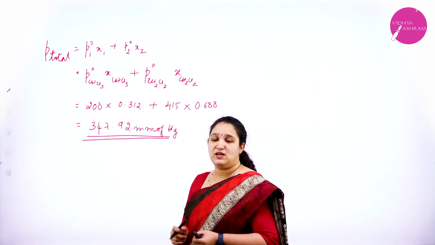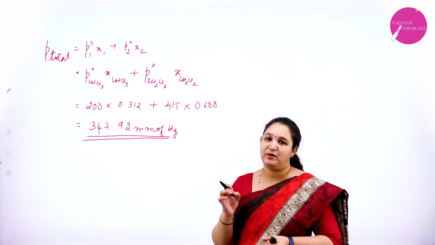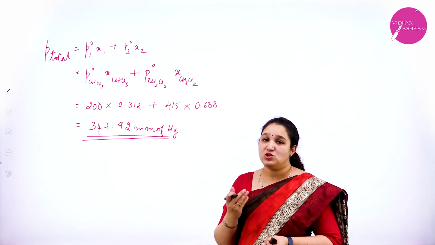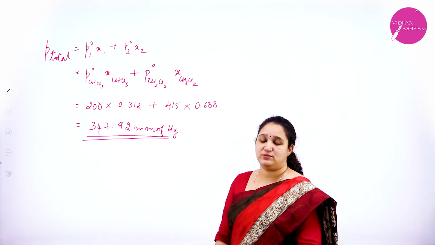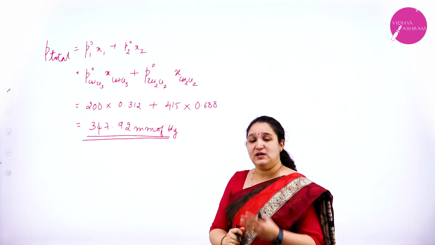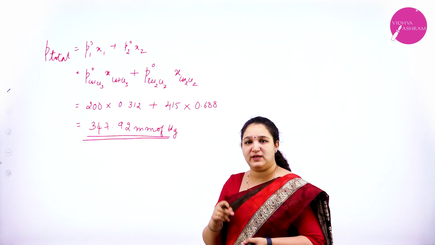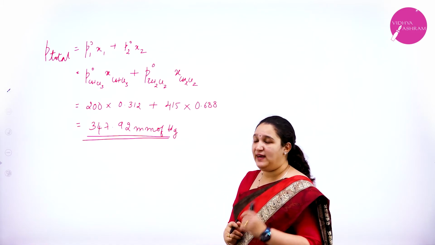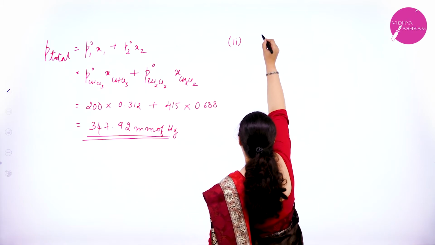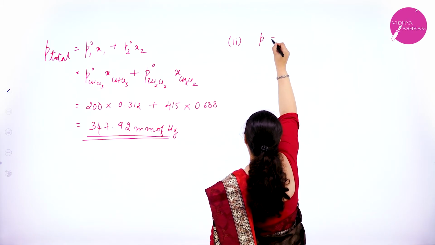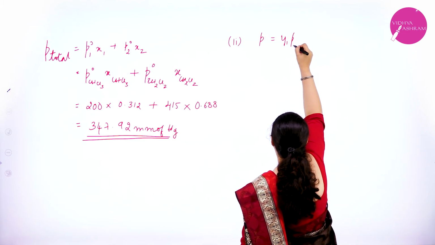The second part of the question is to calculate the mole fraction in the vapor phase for these components. So what is the formula I will use for the second part? For that, we have the formula: partial pressure is equal to mole fraction in the vapor phase into total pressure.